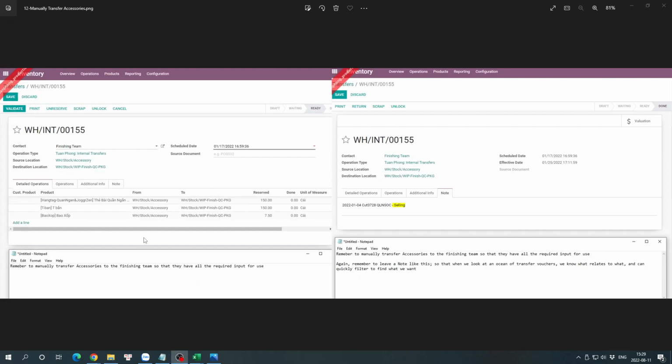So how do we get around that? INT is for internal transfer. You want to move things manually from the location where you have the stock available to where you want to consume it. There, my note tells it, and remember the note. In this internal transfer document, put a note like this so that you can keep track of things later on.